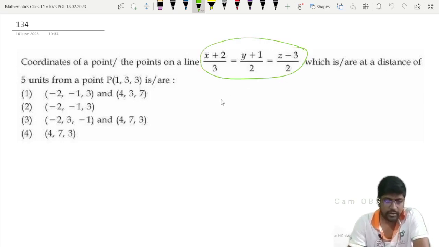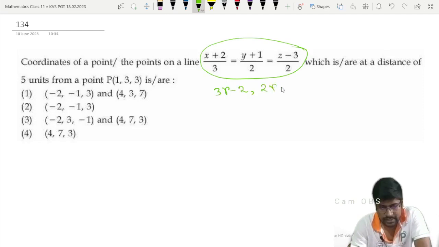The coordinates of any point on these straight lines will be of the form 3r minus 2, 2r minus 1, 2r plus 3. So suppose this is the required point.